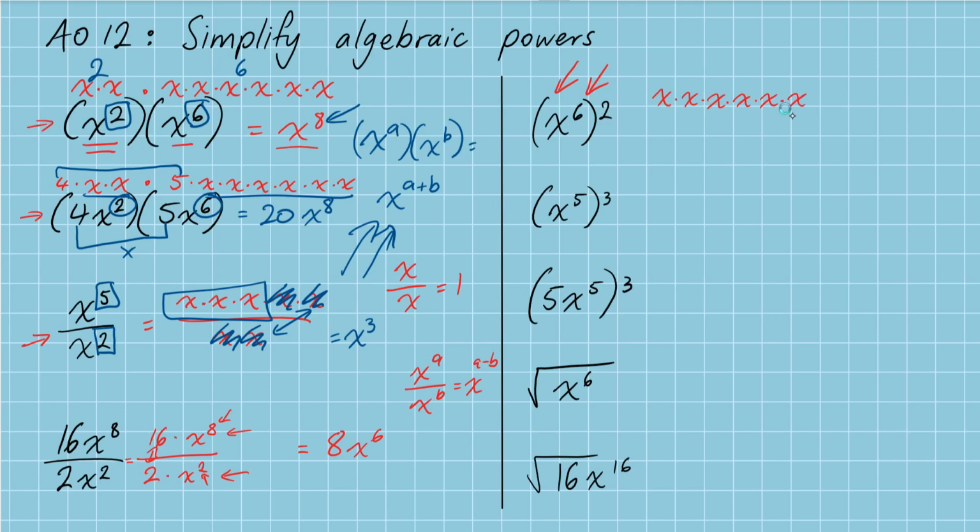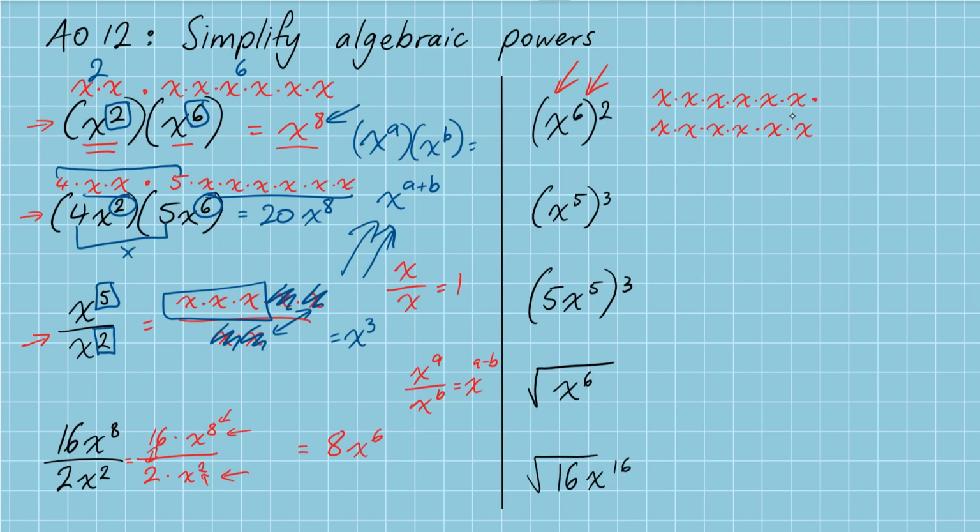To the power of 2, I'm basically timesing it by itself again, right? So, well, here's another x to the power of 6. And I'm timesing it by itself, so there's the dot there for the timesing by itself.